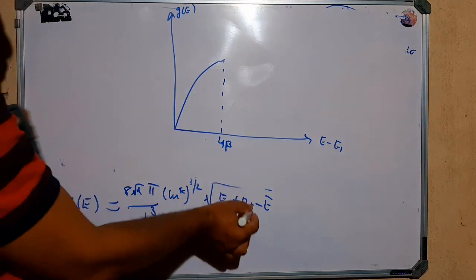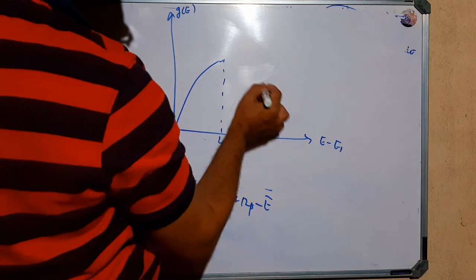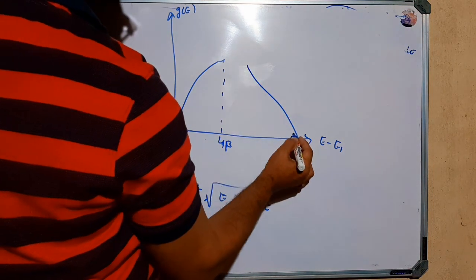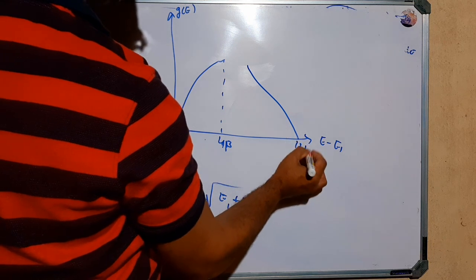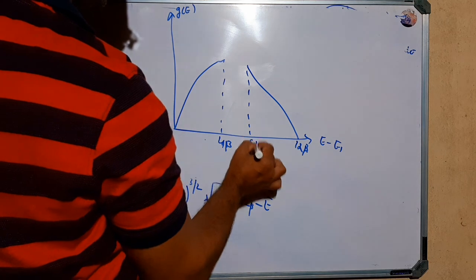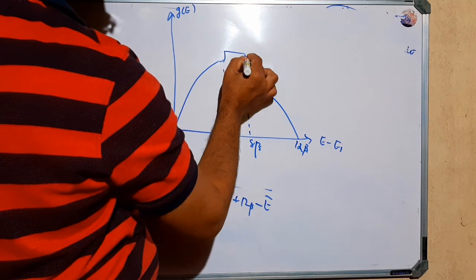Similarly, up to 12 beta you observe it in the negative way; it is also parabolic in nature. This is at 12 beta. This variation is observed up to 8 beta, just qualitatively. Between them you have this.